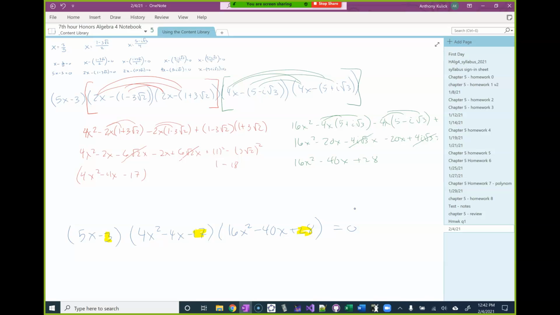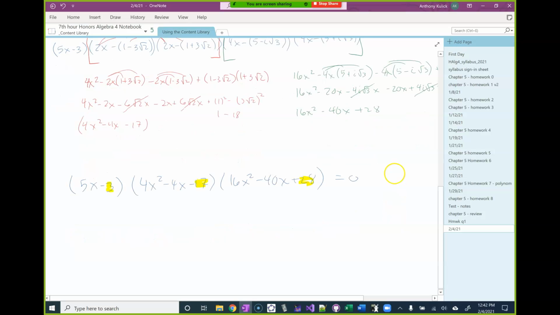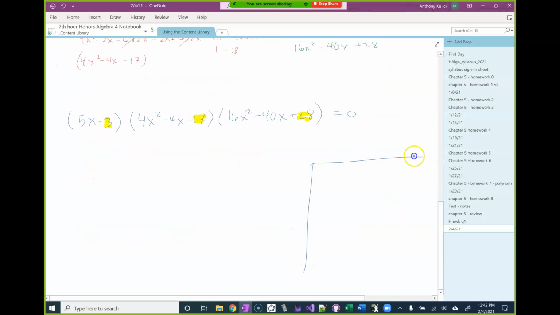So we can factor that, right? What does it factor to? This should be an easy one here, guys. Right?